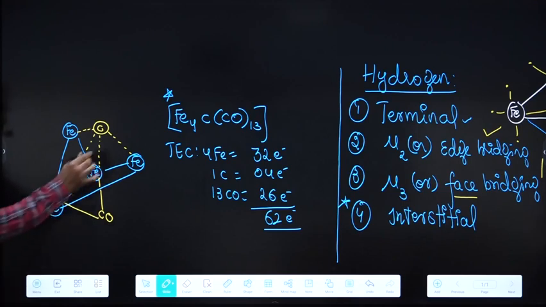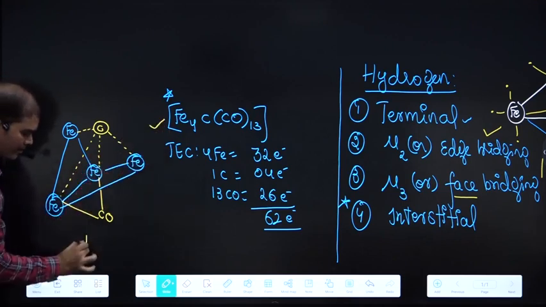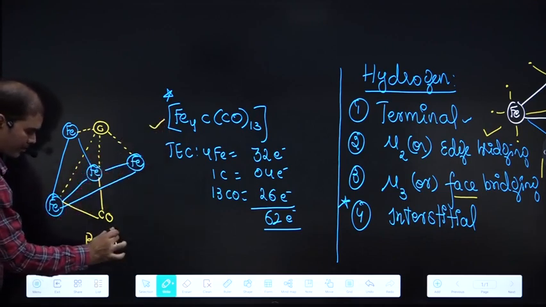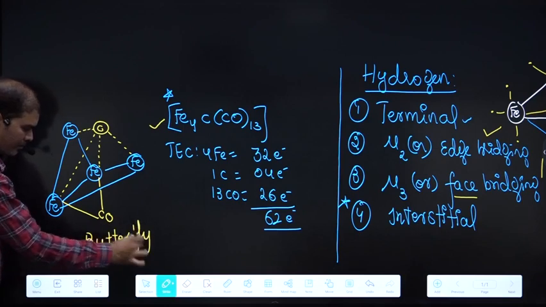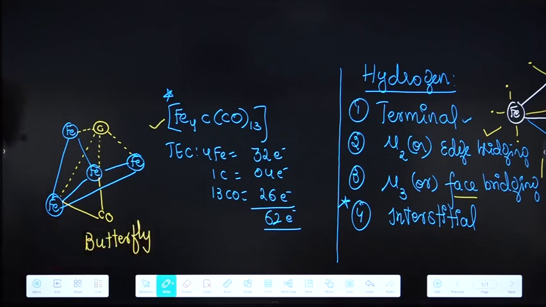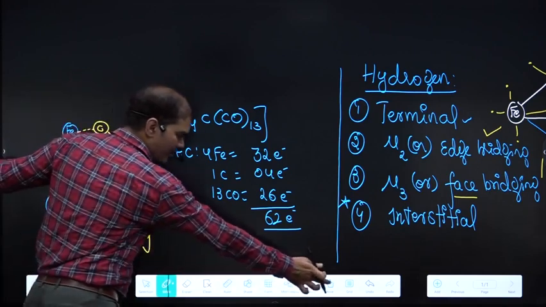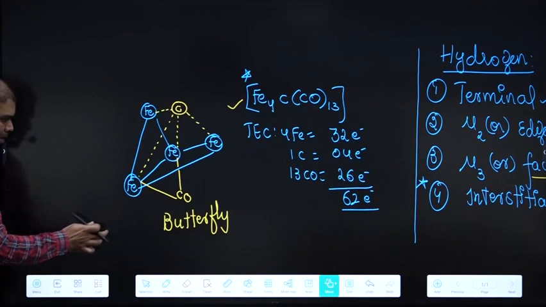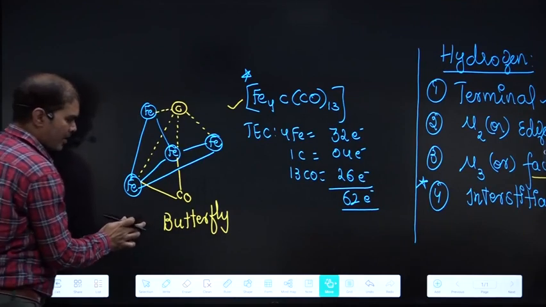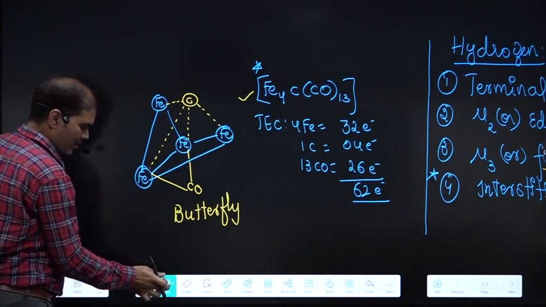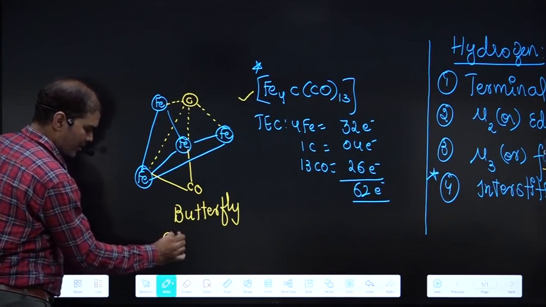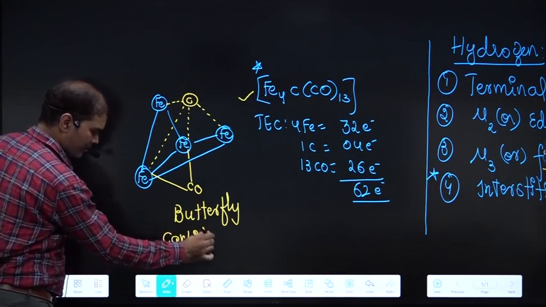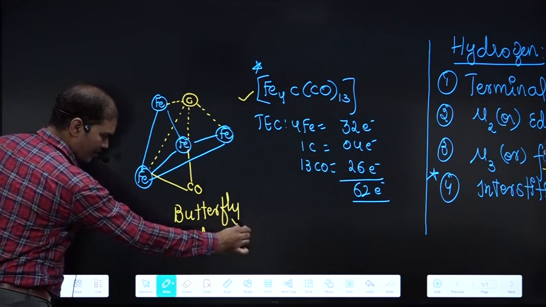What is more important to remember is structure is butterfly. In that butterfly structure, there is one bridging carbonyl. And another point to remember is it is a carbido cluster. You can see it is an interstitial cluster. Interstitial atom is carbon. Therefore, we consider it as a carbido cluster.